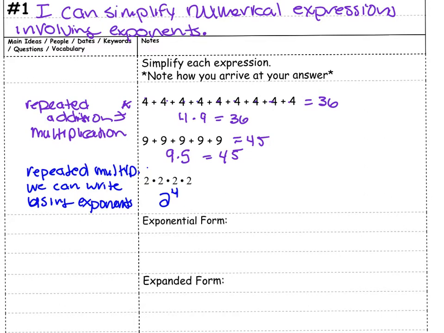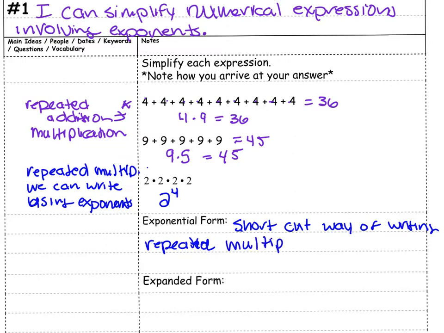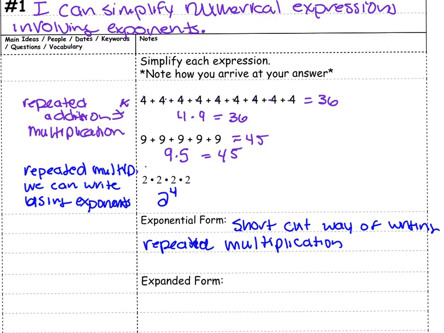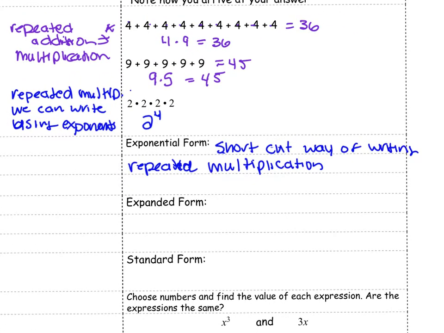So exponential form is a shortcut way of writing repeated multiplication, where the expanded form is written as a product, and I'll give you an example for all of these.